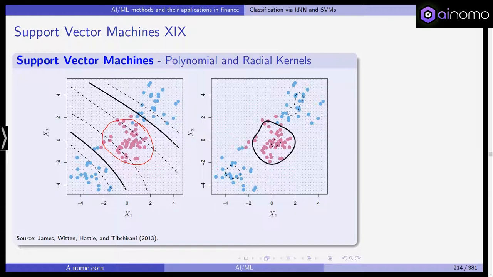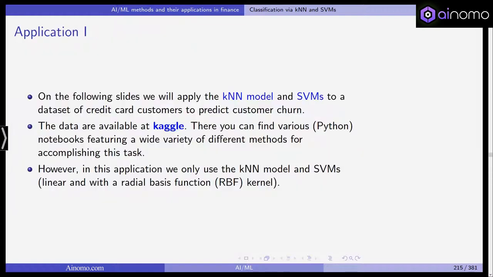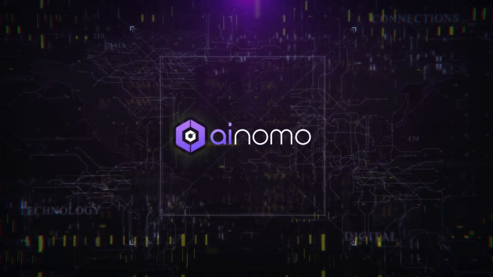So these are support vector machines. They are estimated in a similar way as the support vector classifier. All these classifiers, the maximal margin classifier, the support vector classifier, and these more general support vector machines, are usually summarized under the name of support vector machines. So these are SVMs, that's the theory, and in the next video we'll be looking at some applications.